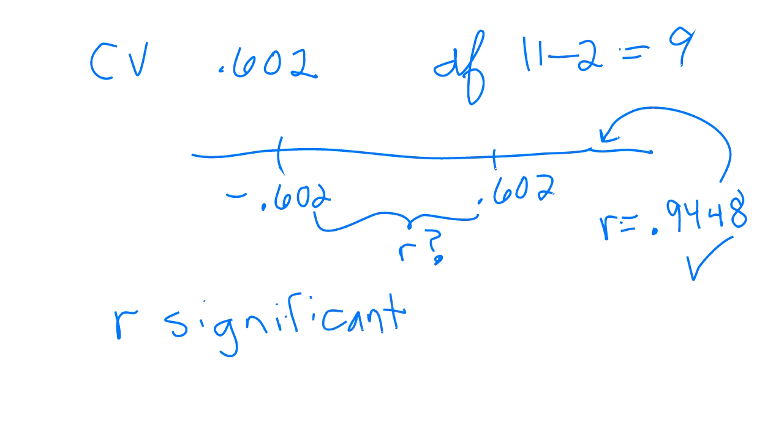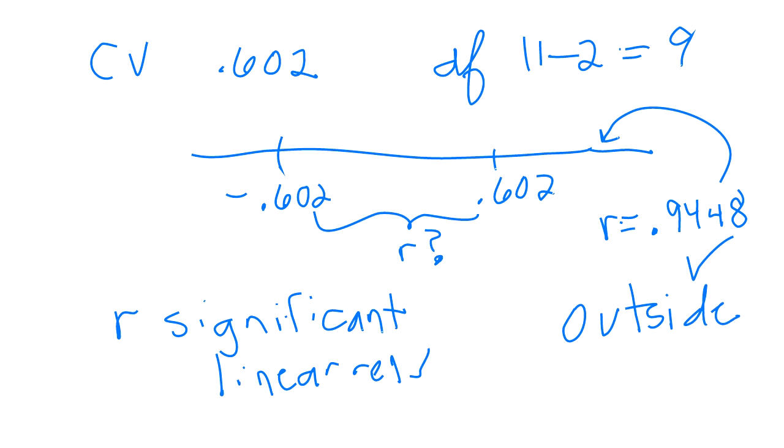So there's a linear relationship since it's outside. So R is greater than our positive critical value. And it helps if you draw number lines here.